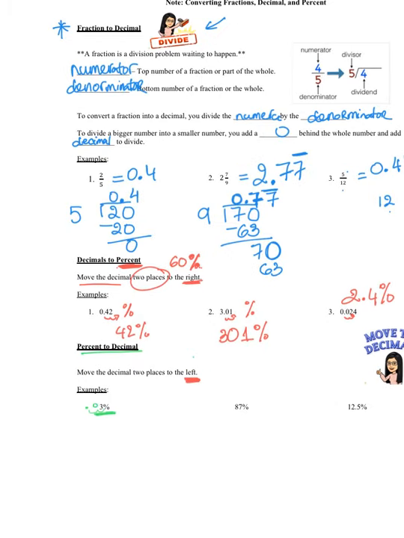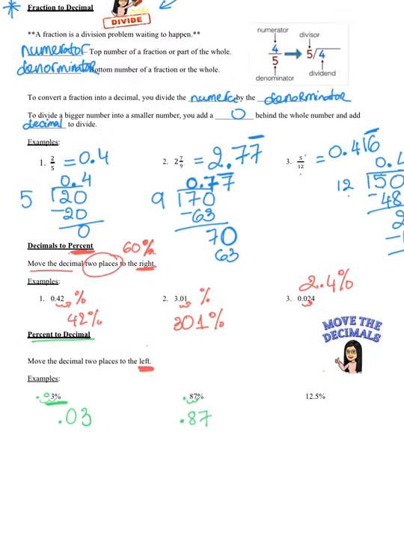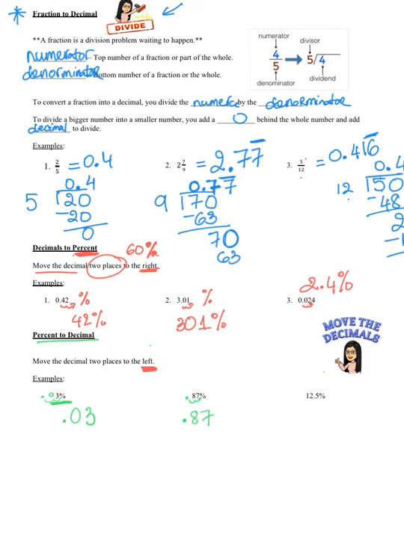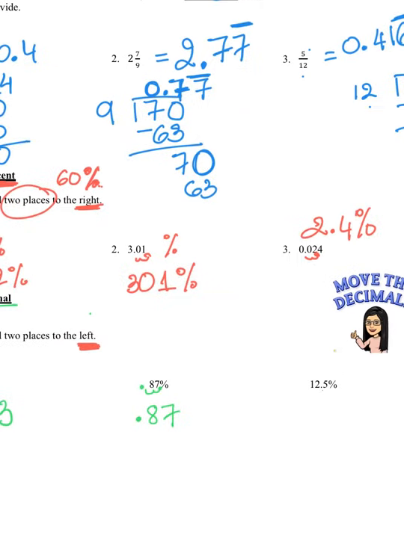So for 3%, you will have 0.03. 87%, 1, 2, 0.87. 12.5%, 1, 2. So 0.125.